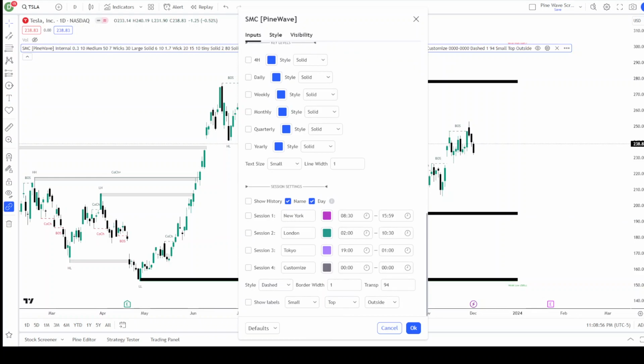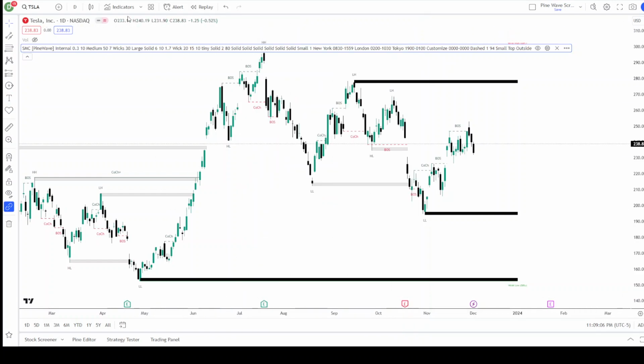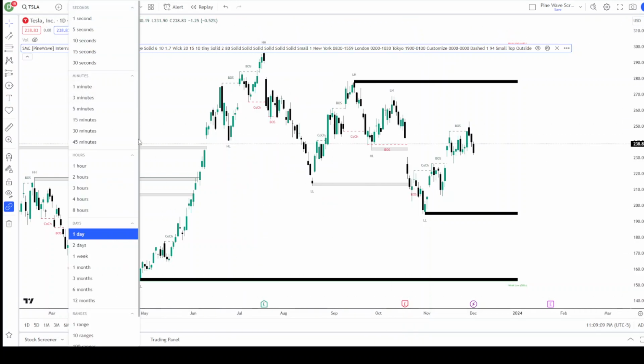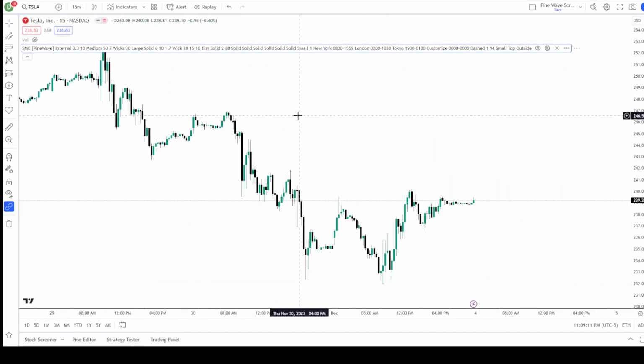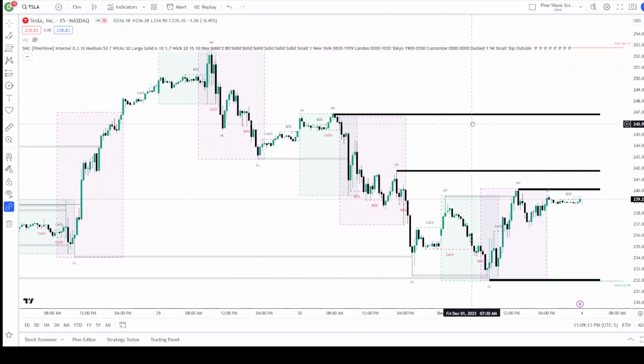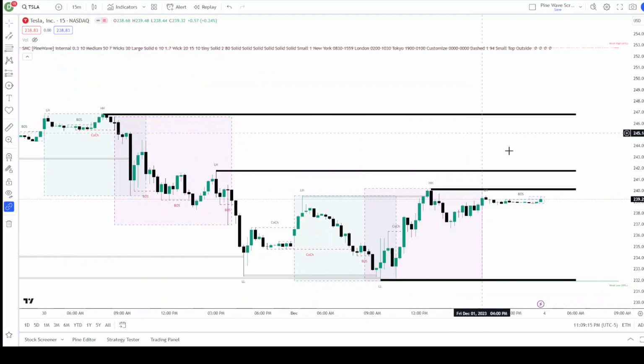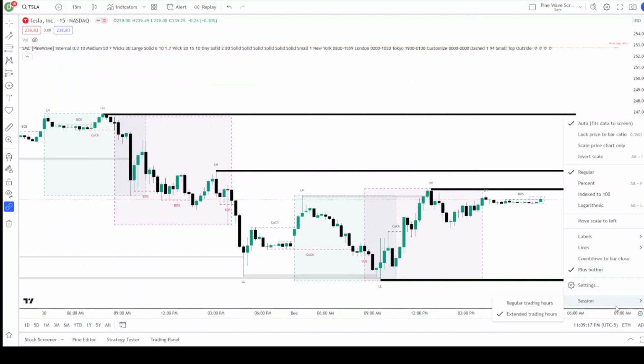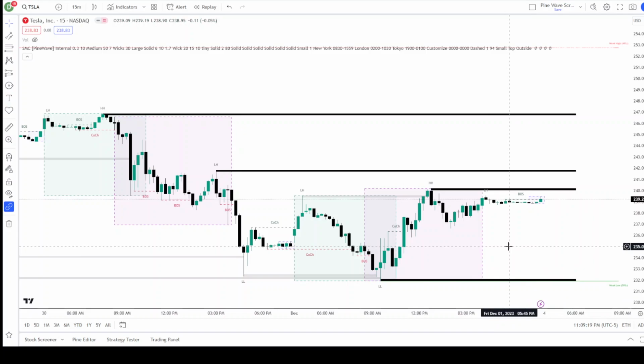Then you can see session histories. So I'm going to turn these on. Probably only going to be able to see this on a lower time frame chart. So, see, do we have extended sessions on? Okay, so extended trading.